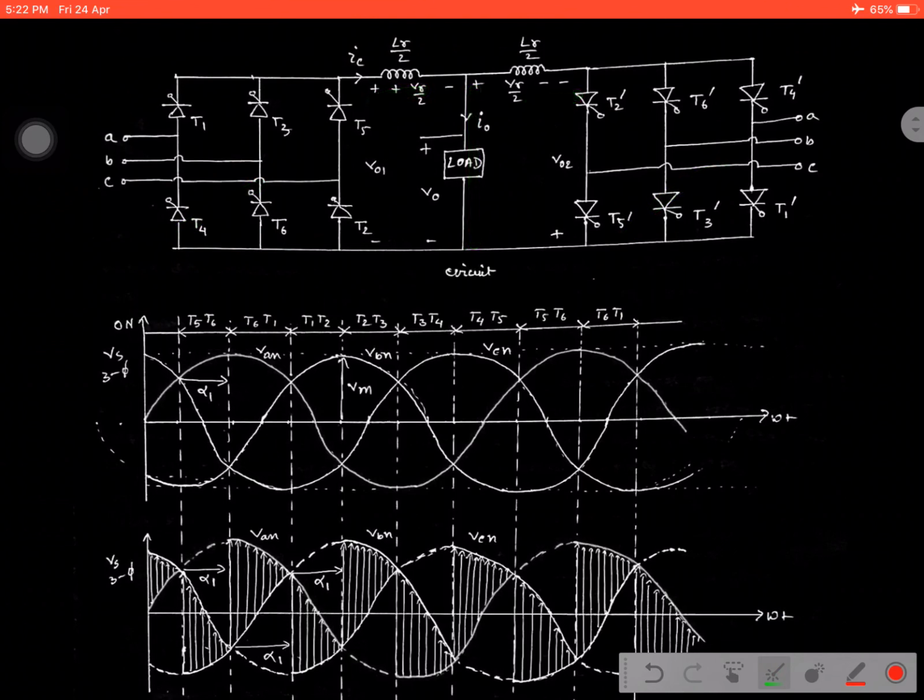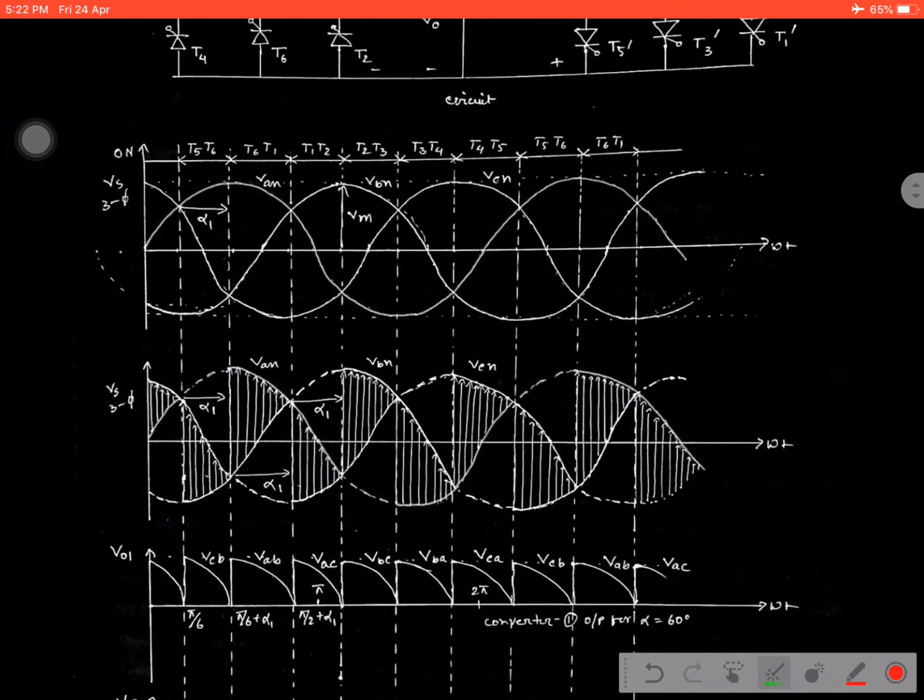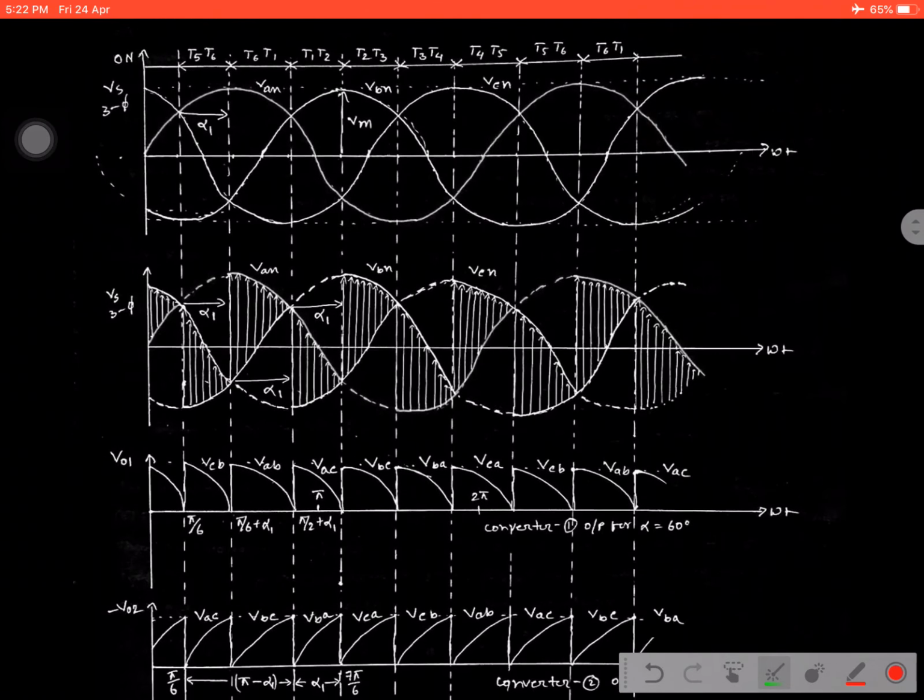In the previous section, we discussed the whole working principle of the full converter, and we found that when the first converter starts working, meaning converter 1, all the dotted lines, all the arrows given over here, and the voltage difference VAN minus VBN is VAB.